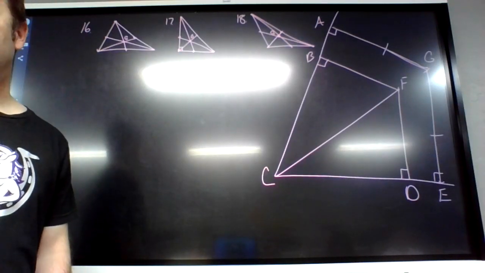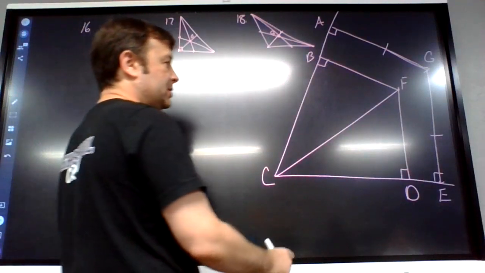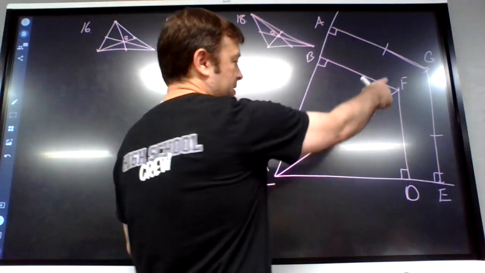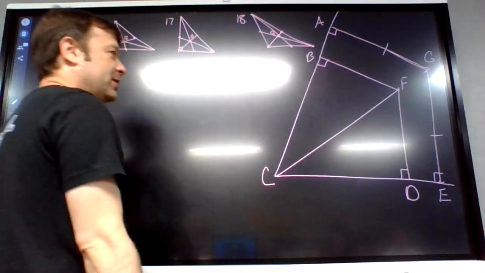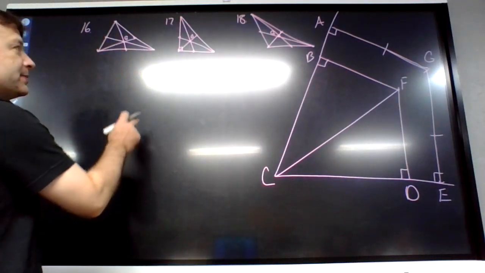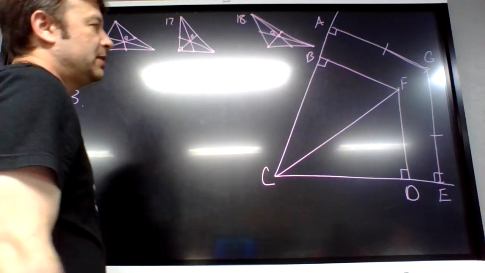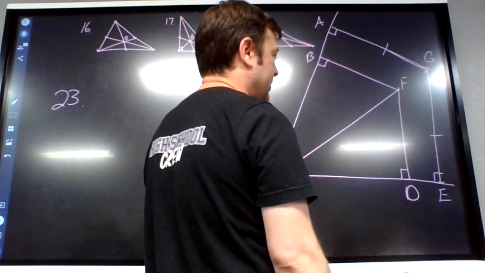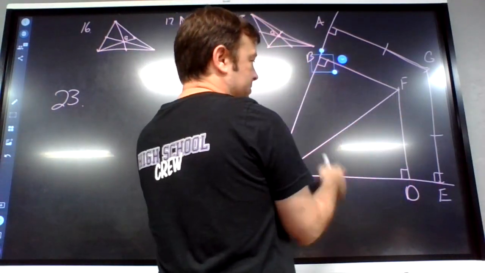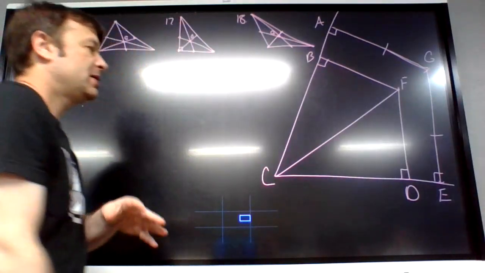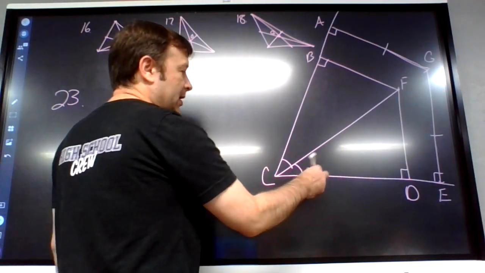On 23, does BF equal DF? Yes. Well, you're right, but we gotta say why. Angle, side, angle. Well, no, we don't have that info. We have angle and side, but that's not why. Okay, it's because they put these marks right here.